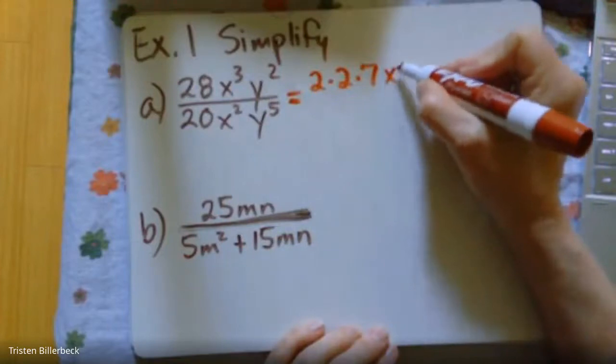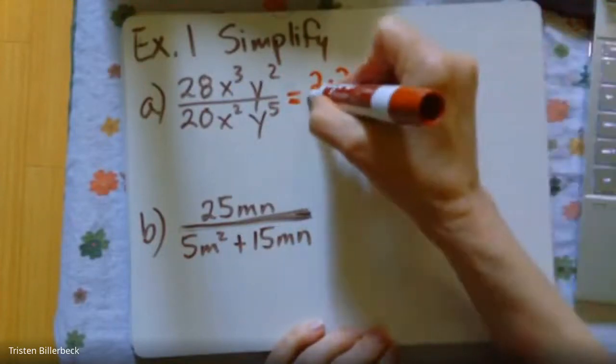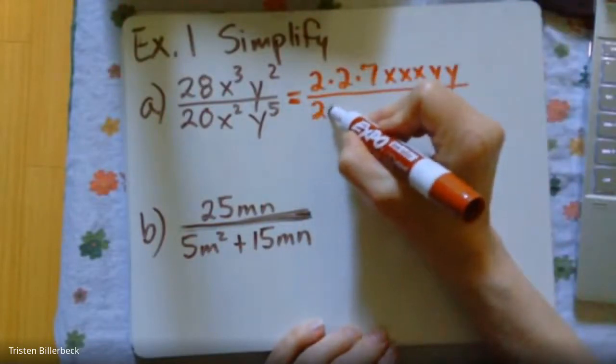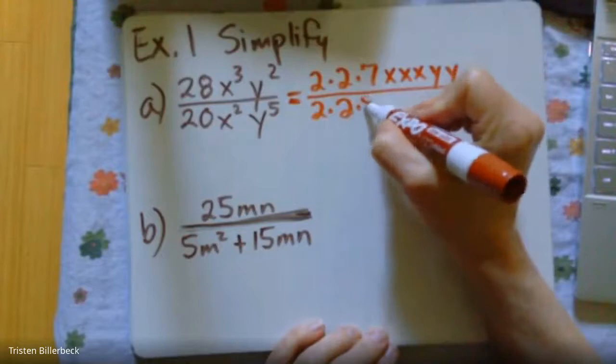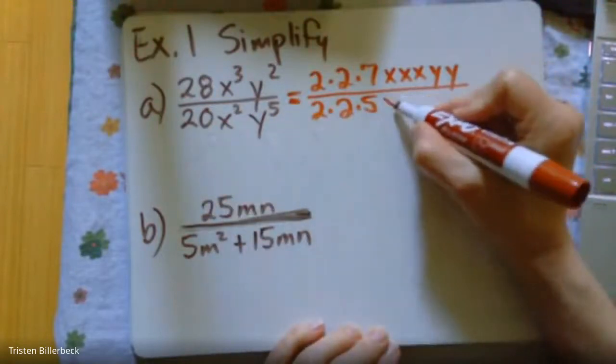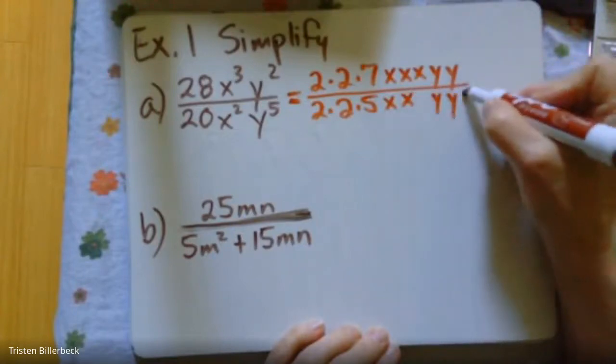And then I have x times x times x, y times y. Down here I have 2 times 2 times 5, because 4 times 5 is 20. And I have x times x, and I have 5 y's.